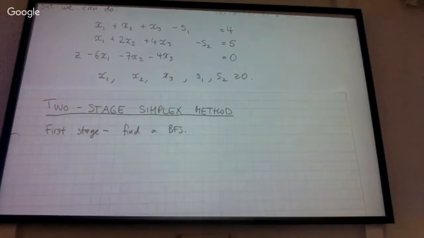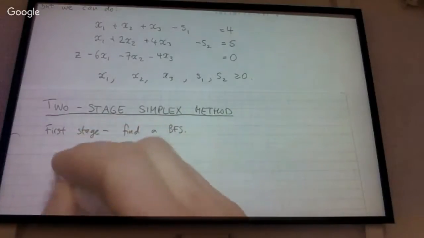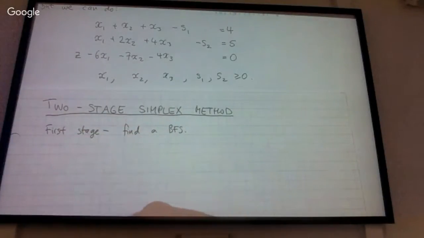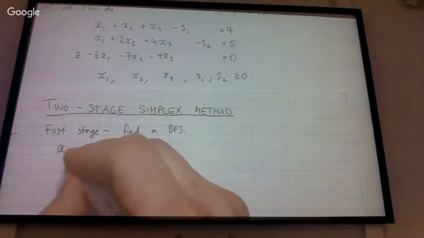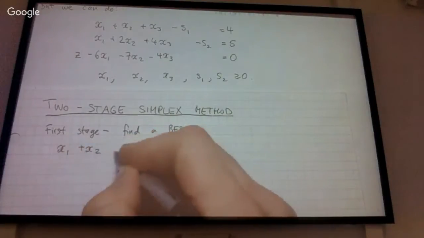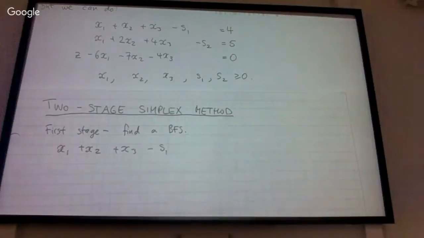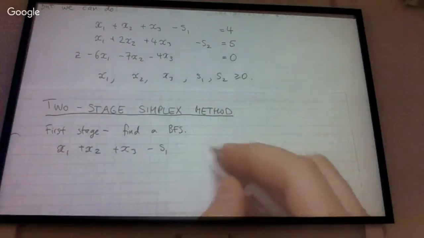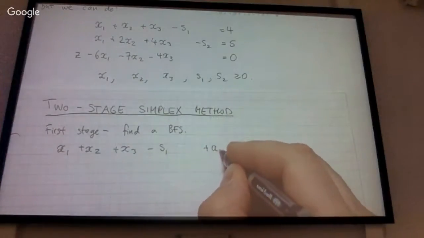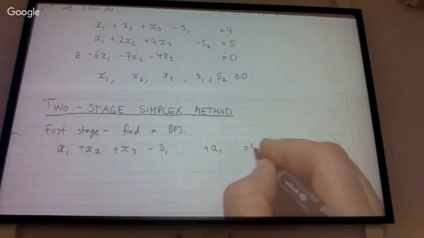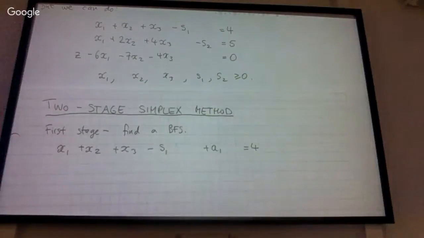Okay, so what we do is, in the first constraint, there is no basic variable, so we add a basic variable to have one. There's nothing with a coefficient 1 that doesn't appear in any other constraint. So we add it, and we'll call it A1. I'll call it an artificial variable.